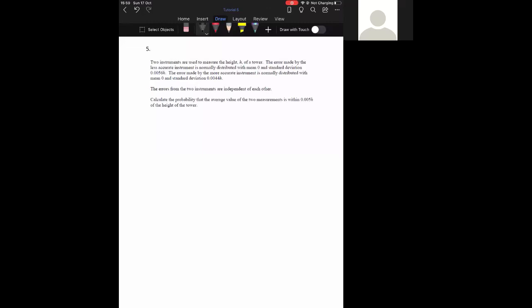So let's define first x1. This is the measurement error of the less accurate instrument.